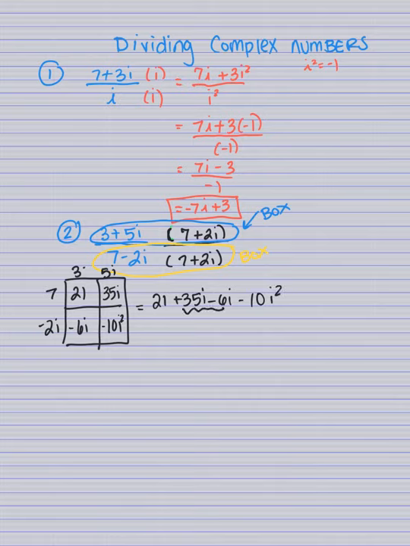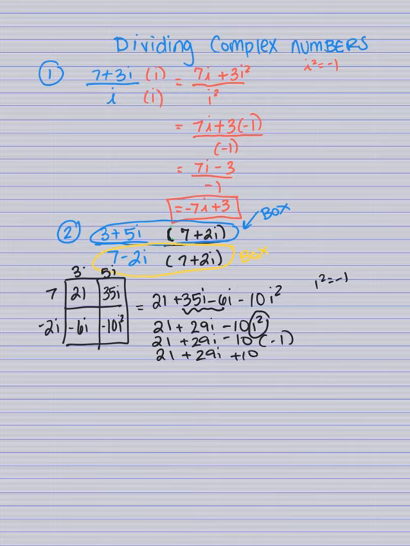We can combine these. So that's 21 plus 29i minus 10i squared. Remember that i squared is equal to negative 1, so now it's 21 plus 29i minus 10 times negative 1. Plus 10, so that becomes 31 plus 29i. So that's my numerator.